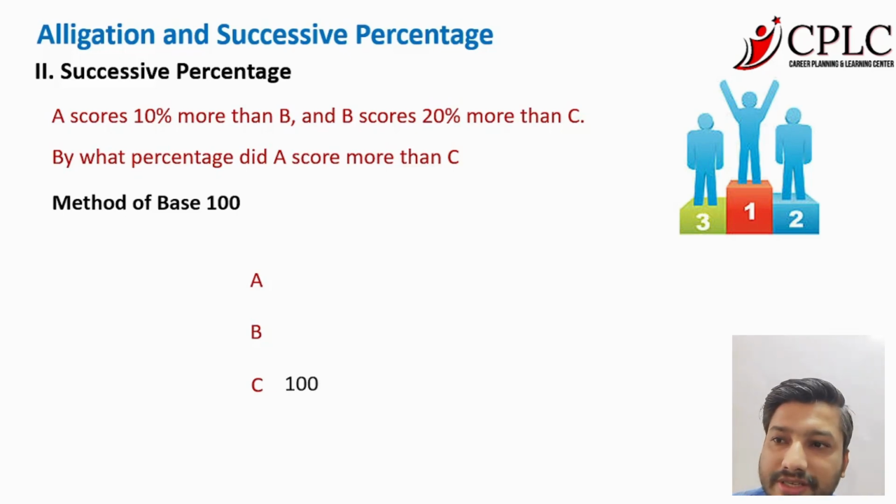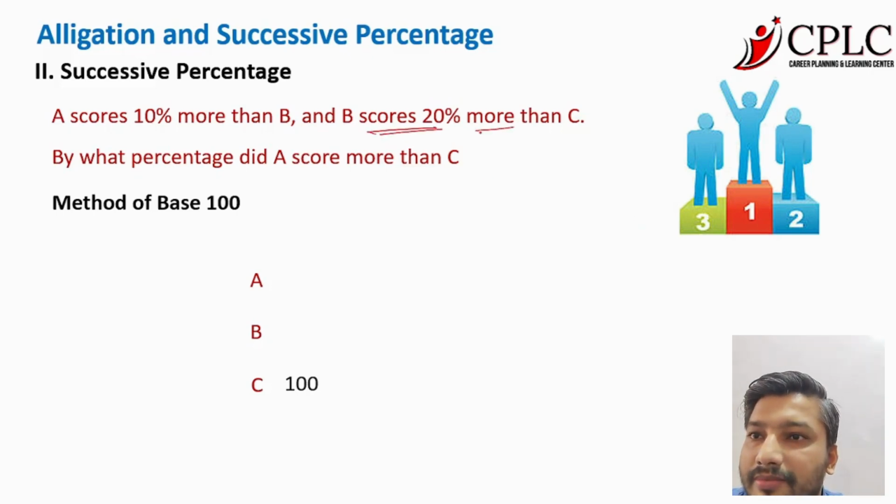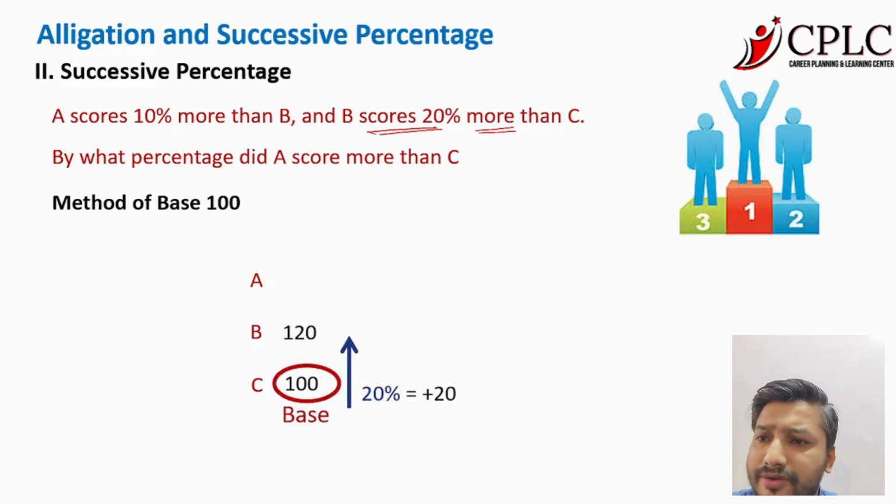So let's assume that C is 100, and because they were saying in this particular line that B is doing 20% more than C, whatever C has done, B is going to do 20% extra than that. So 20% of 100 is going to be 20 only. More means it is going to be added basically. Less would have been, you have to subtract. So 100 plus 20 becomes obviously 120.